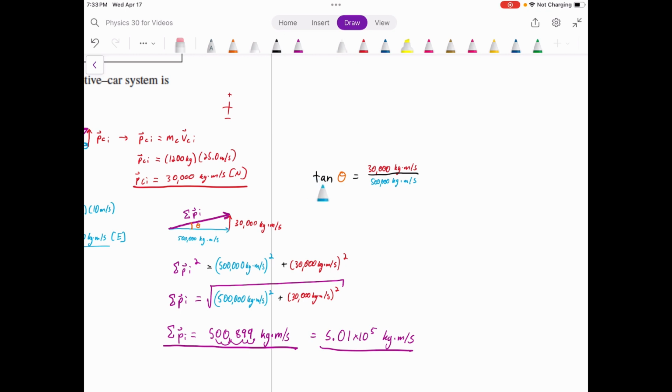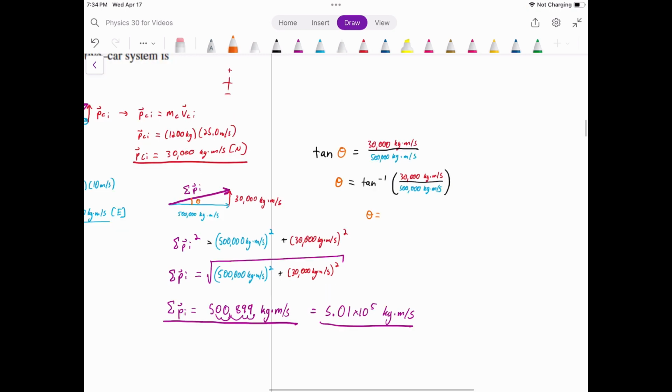We're taking the tangent of theta. So to undo that, we take the inverse tan of both sides, right? That is second tan on your calculator or shift tan on your calculator, depending on what you have. So second tan, inverse tan, or arctan we sometimes say, of 30,000 over 50,000. Sorry, over 500,000, not 50,000.